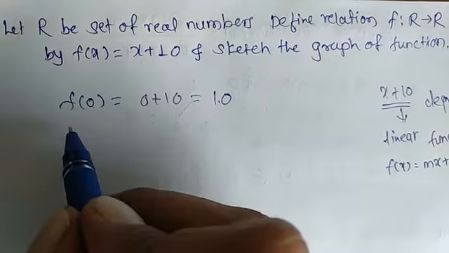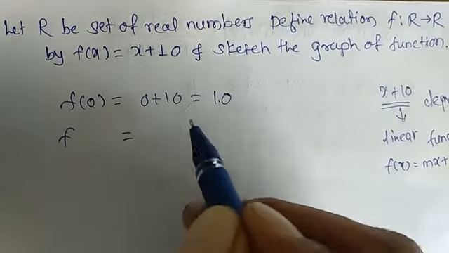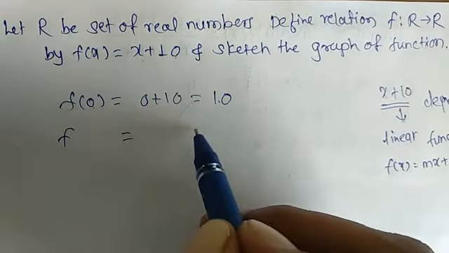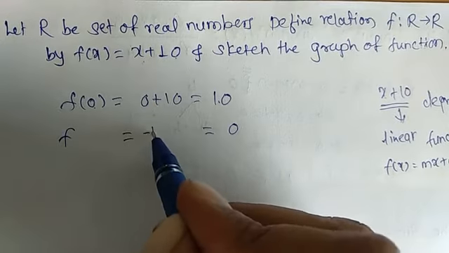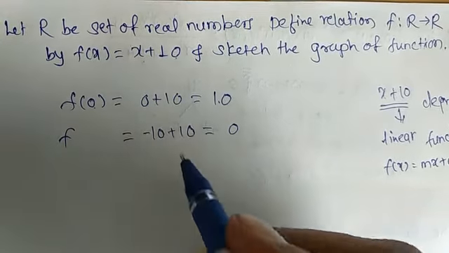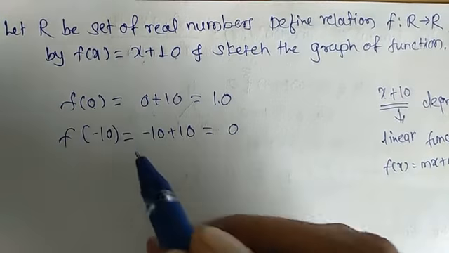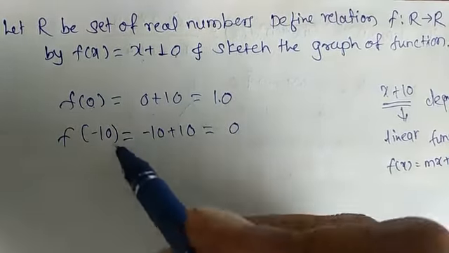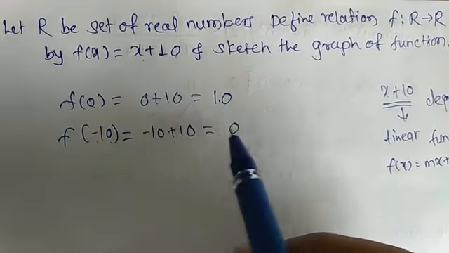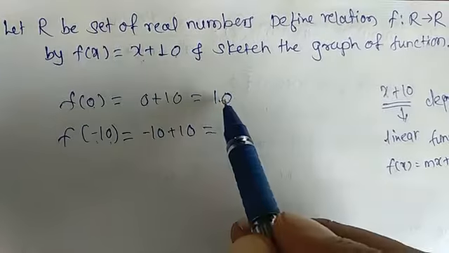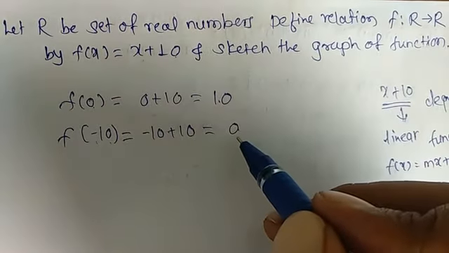So for x is equal to 0, the value of y is 10. And we have to find the value of x for which the function will be 0, so it will be minus 10 plus 10. Minus 10 plus 10 is 0, so f of minus 10 is equal to 0. That means for x equal to minus 10, the value of y is 0. That means we have found the x-intercept and y-intercept.